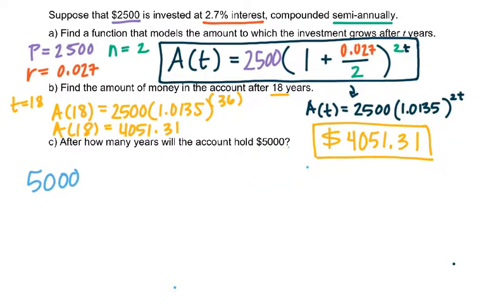And when I do that, I've got 5,000 equals 2,500 times 1.0135 to the 2t. So after how many years, that means I'm looking for my t value. And in this situation, t is in the exponent. And we can't solve this equation yet.